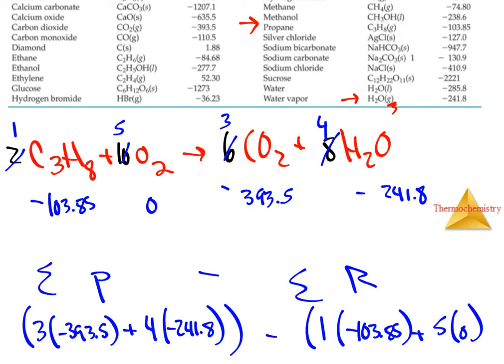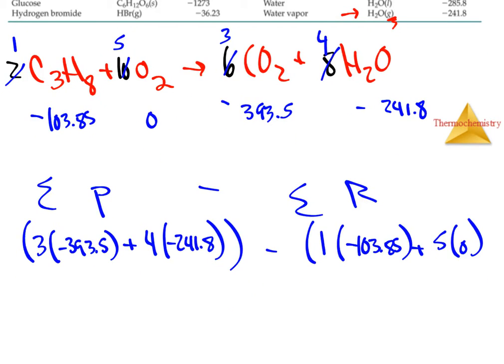I won't write out all these steps, but when you do them, you are really going to have a negative here, which you add, which you're really subtracting, and then you minus a negative, which means you are actually adding. And you end up with negative 2043, is that correct? Kilojoules.